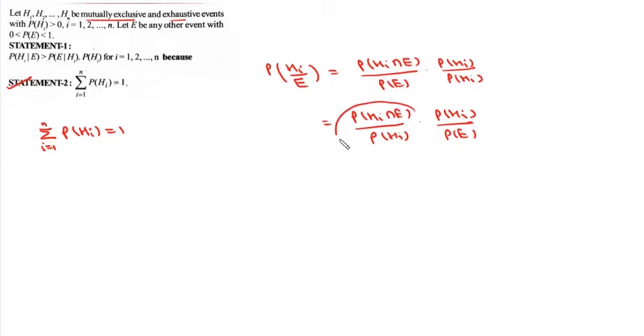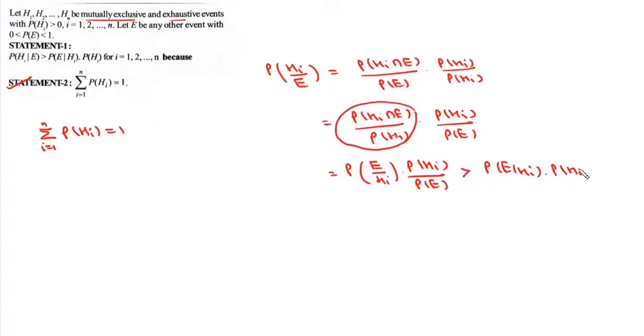Now this is nothing but P(E upon Hi). So there will be P(E upon Hi) into P(Hi) divided by P(E). Now since P(E) lies between 0 and 1, it will be greater than P(E upon Hi) into P(Hi). So statement 1 appears correct, but then there is this one case.